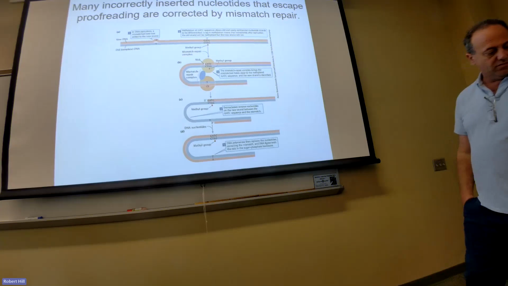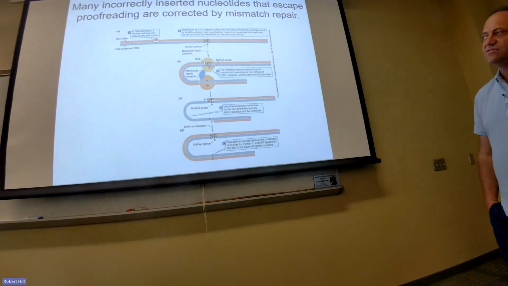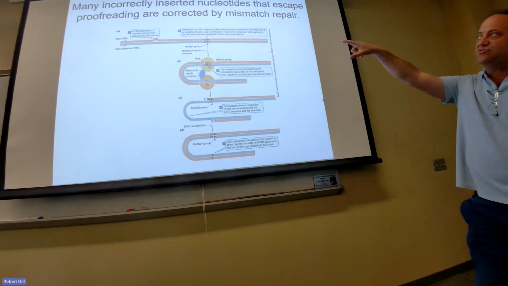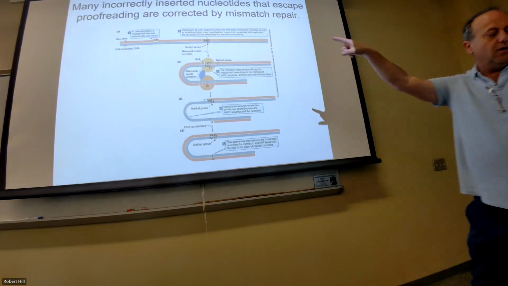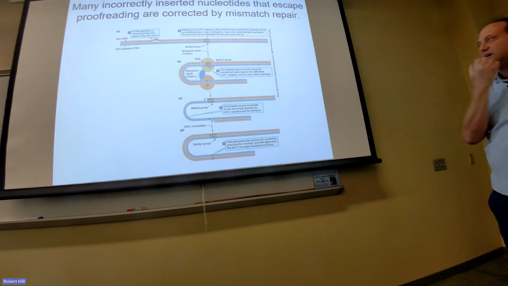And then it puts the correct DNA in. Right, so there's basically 3 steps to this. There's identification of the mismatch. Then there's identification of what the parent and the newly synthesized strand DNA is. And then there's the cutting and the replacement.